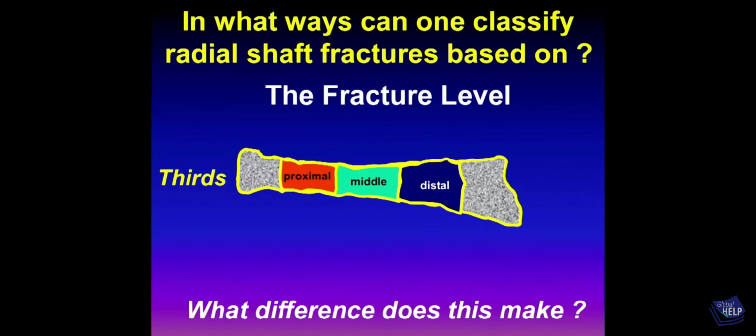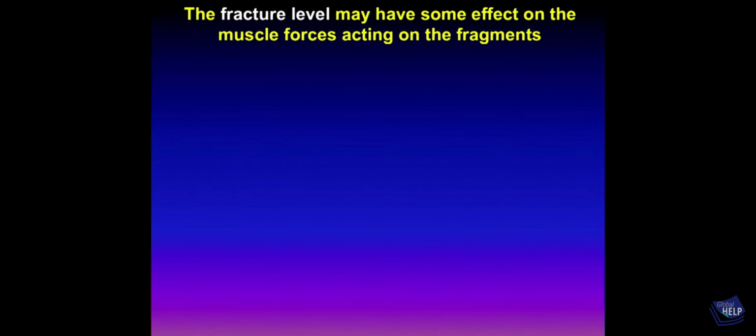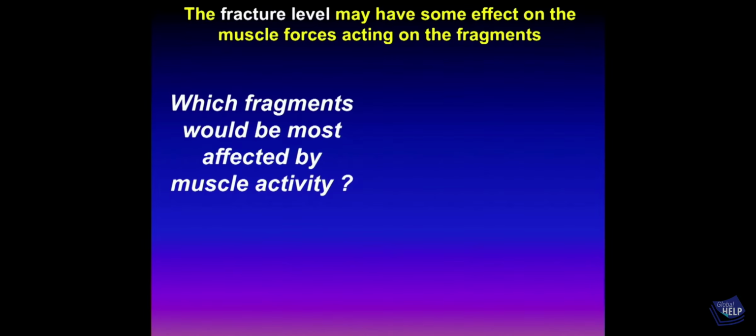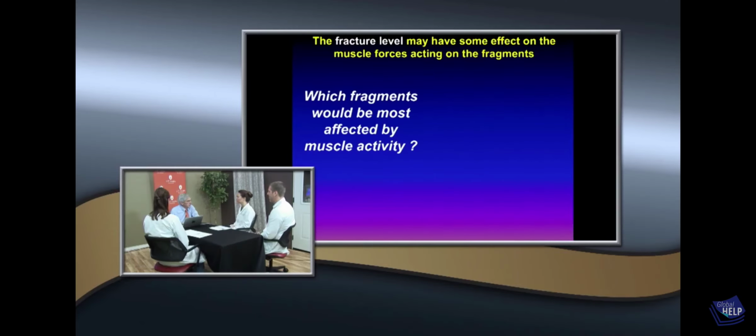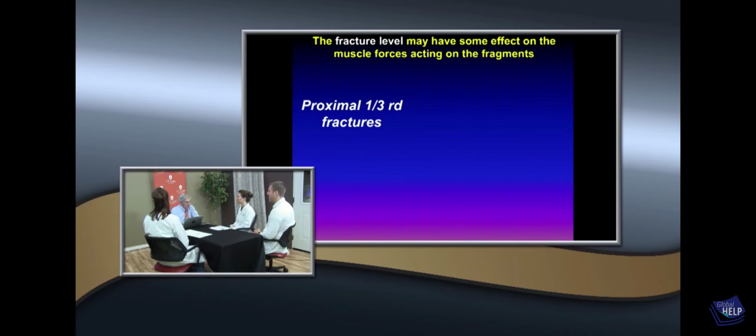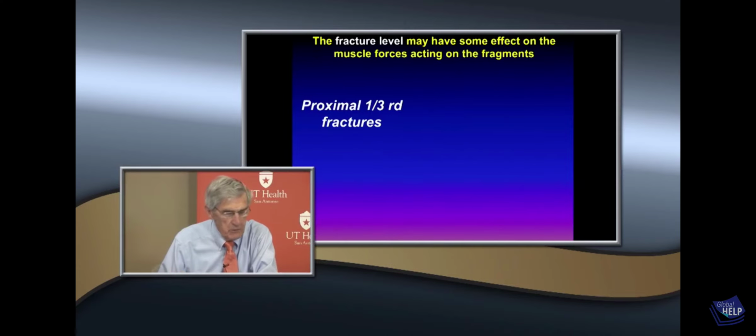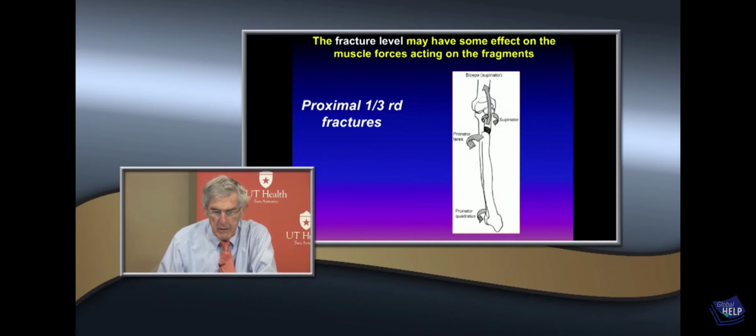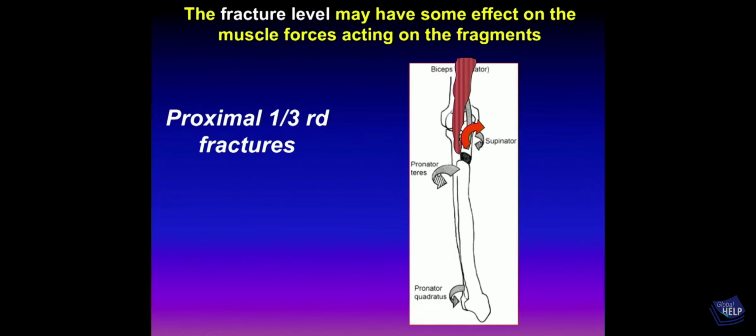So, what difference does this make? Well, the fracture level may have some effect on the muscle forces, as we talked, acting on the fragments. And which ones are most affected by muscle activity? We just went through that. It's the proximal one, the proximal third fractures, because the muscle is attached to that proximal third. And here again we go through this. It causes external rotation, the biceps and the supinator combined.